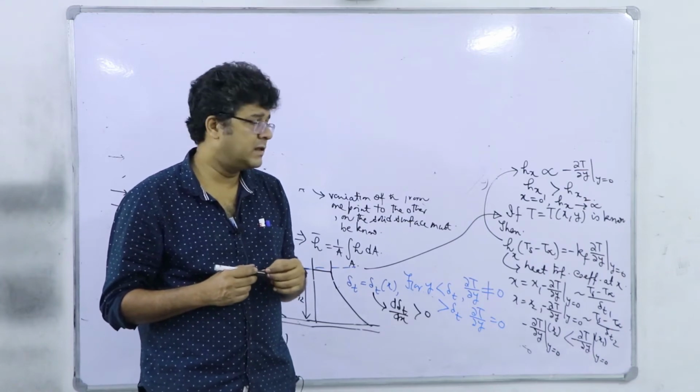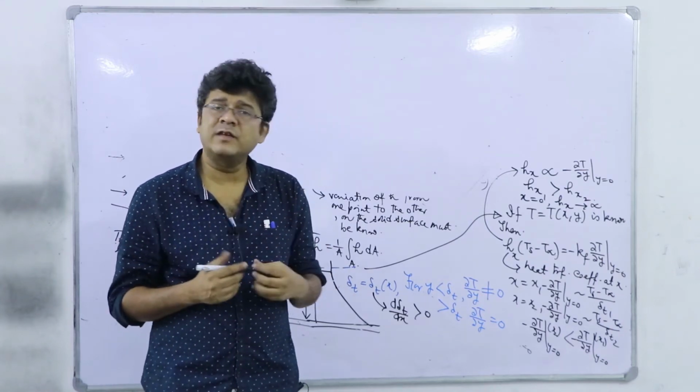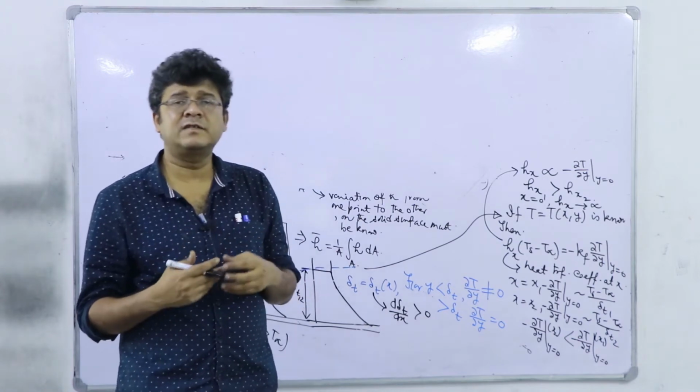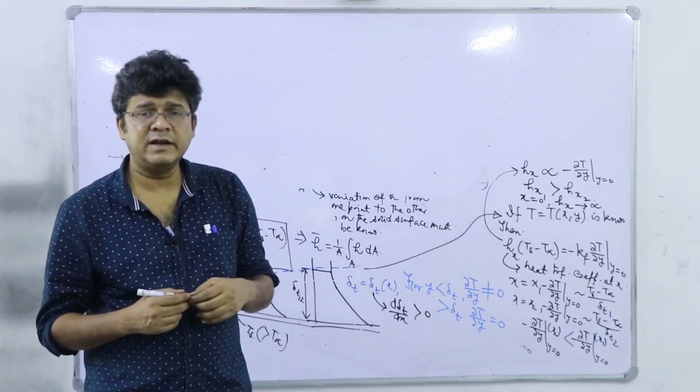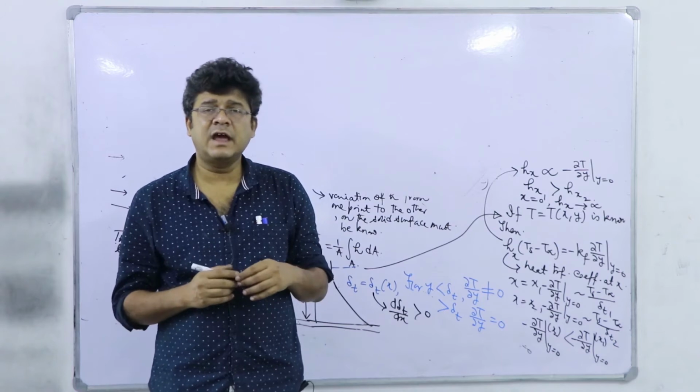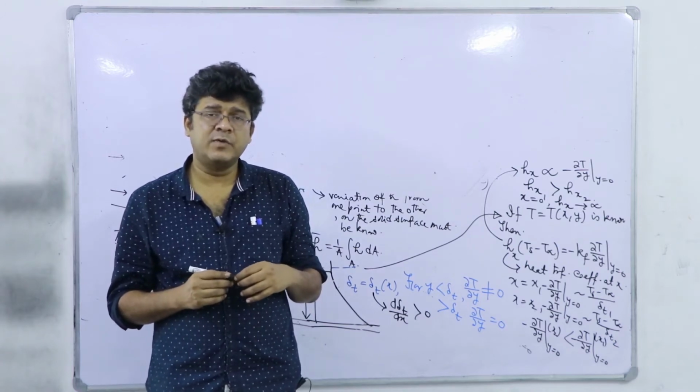So, there you must know that the velocity must be an important parameter. So, velocity is highly a deterministic factor in this entire distribution of the thermal temperature field.